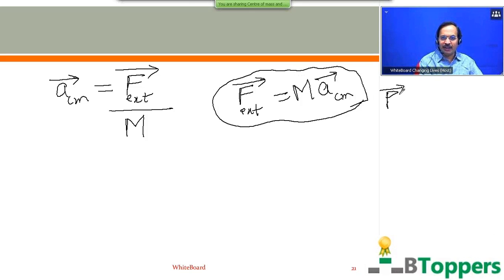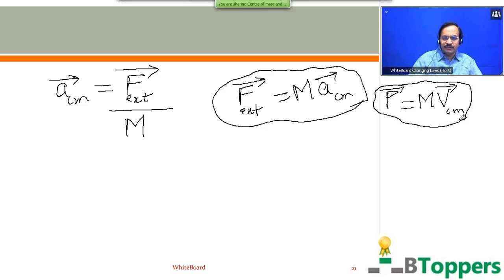Earlier I told you the vector sum of linear momentum of all the particles of the system is equal to the product of the total mass of the system and the velocity of the center of mass. So the center of mass of a system of particles is a geometrical point which moves in the same way as a single particle whose mass is equal to the total mass of the system would move, when the same external force applied on the system is also applied on that particle.